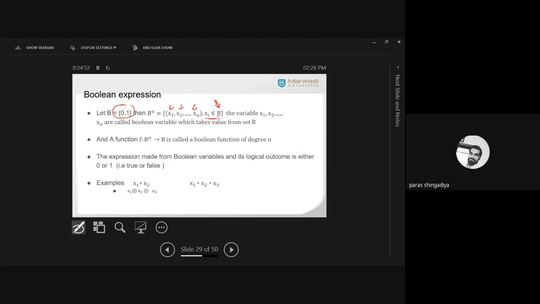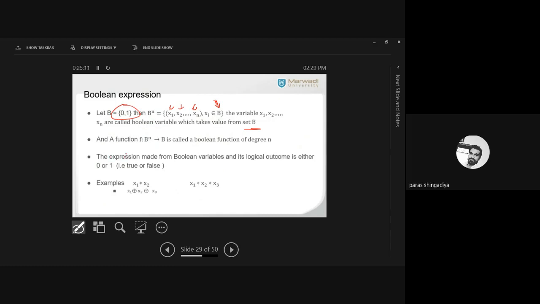Clear? So the variables x1, x2 up to xn are called Boolean variables, which take values from the set B. Why is it a Boolean variable? Because it is either 0 or 1, and these are Boolean values.